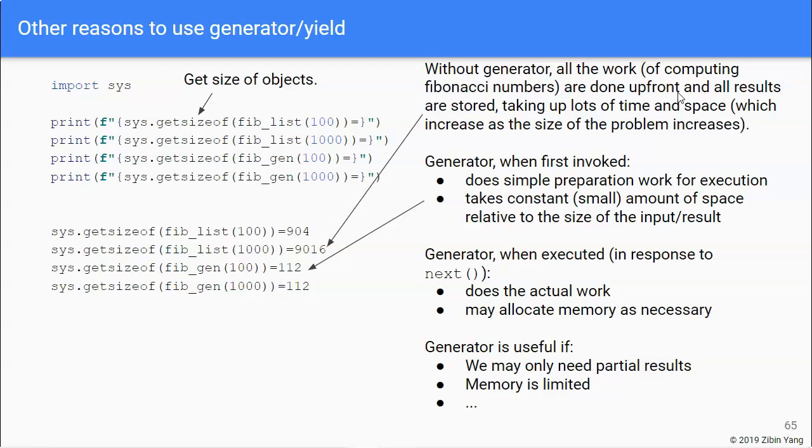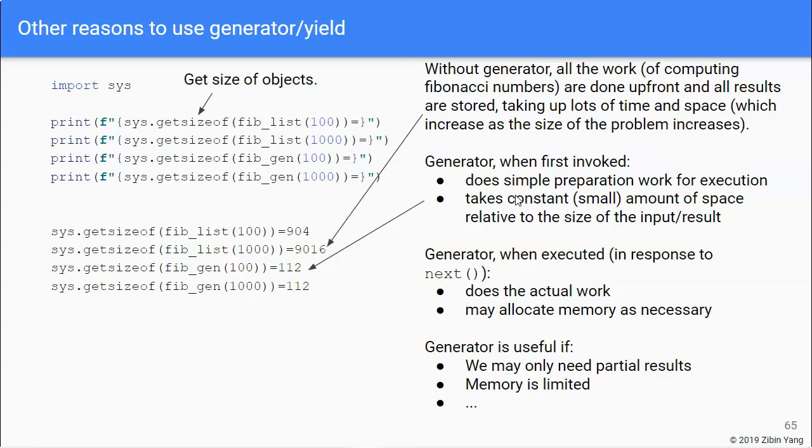So it both takes up a lot of time because it has to do all the work up front, as well as store all the results. So it's going to take up a lot of space. And as we saw, the space that it needs grows with the size of the input problem. On the other hand, when a generator is invoked, well, we saw that there's very little work that's done.